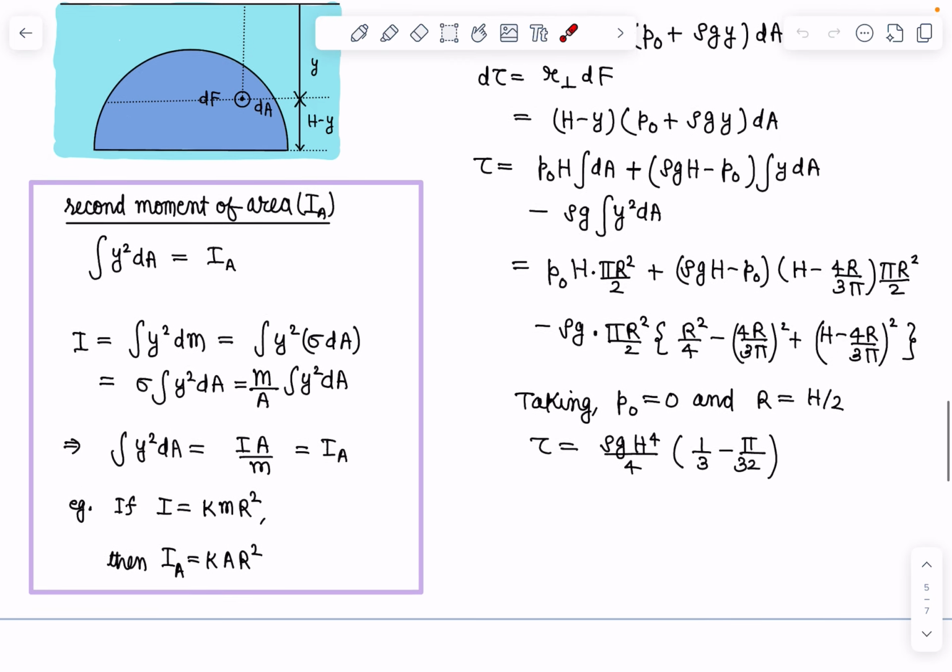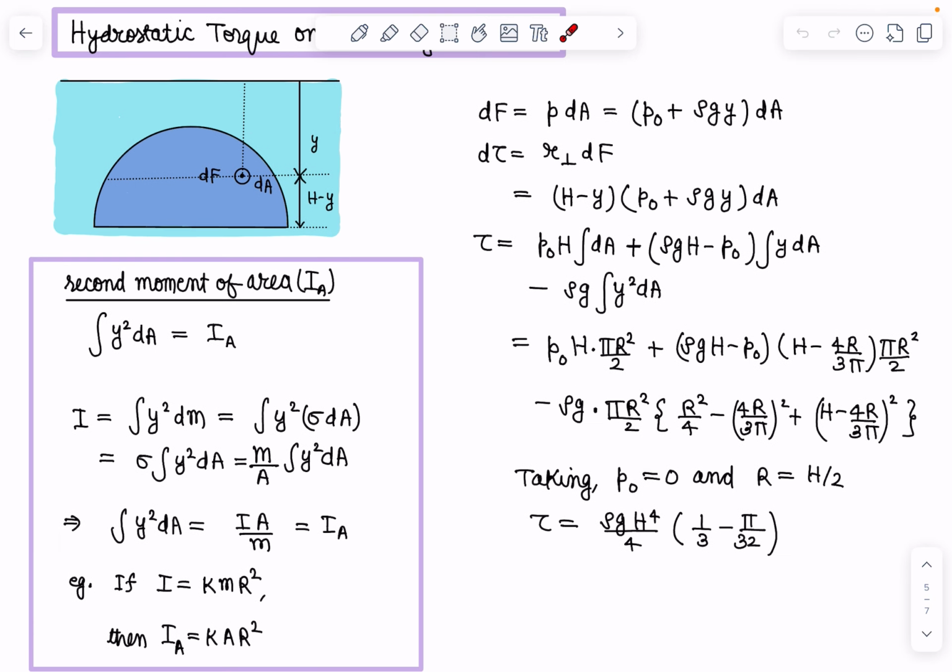So let's do the same thing over here in order to calculate the third term, rho g times the integral of y square dA. This y square dA term is the second moment of area, and all we need to do is replace m with the area itself, pi r square by 2, and this term we have already calculated.